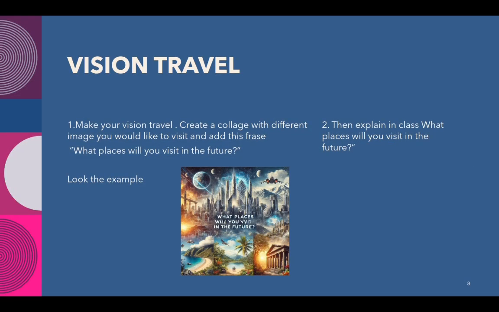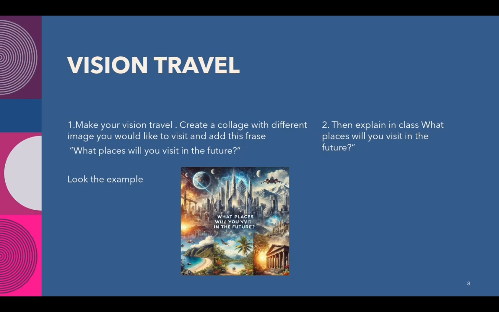Okay, and finally for this presentation, we need to make your visual travel. I need you to create a collage with the different images of places you would like to visit and this phrase: What place will you visit in your future?